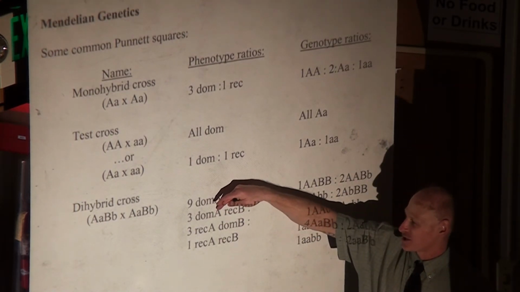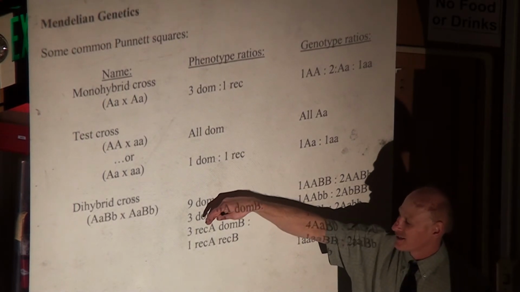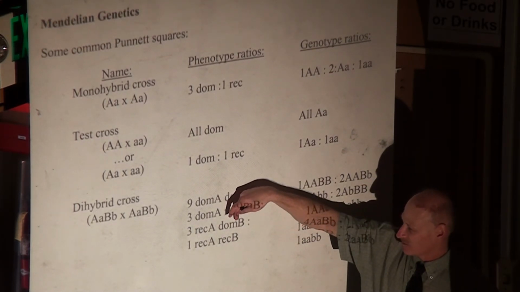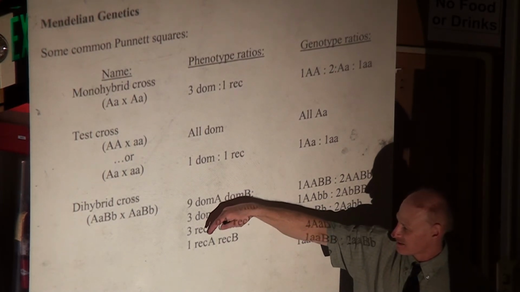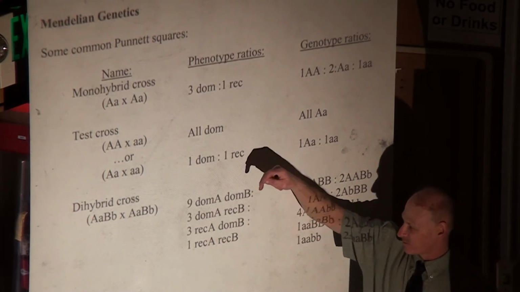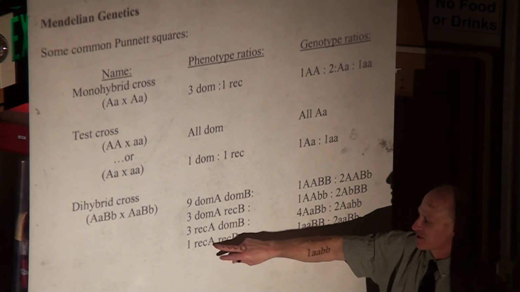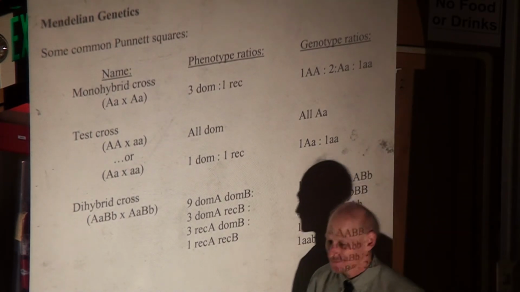I should have said purple short. White tall and white short. 1 out of 16 will be recessive, white short in this case.